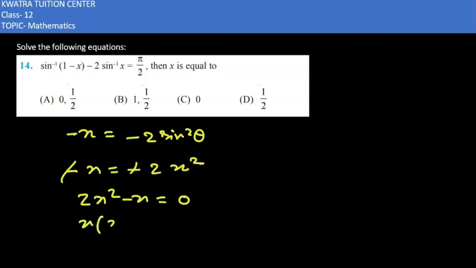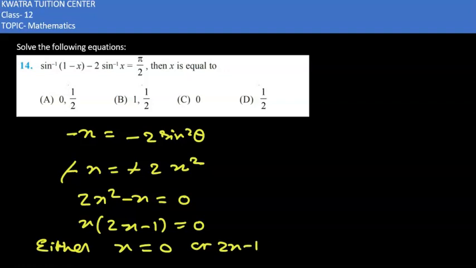We can take x common, so we get x times (2x minus 1) is equal to 0. So either x is equal to 0 or 2x minus 1 is equal to 0. If 2x minus 1 is equal to 0, we get x as equal to 1 by 2. So we have two values of x: first is 0 and second is 1 by 2.